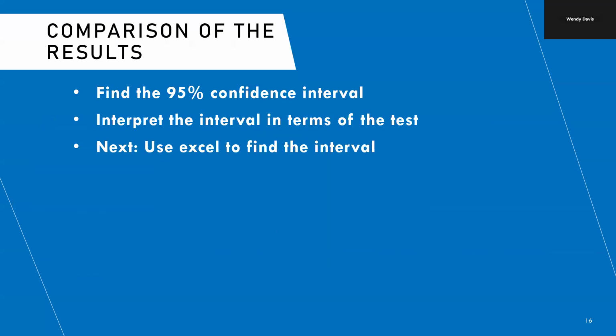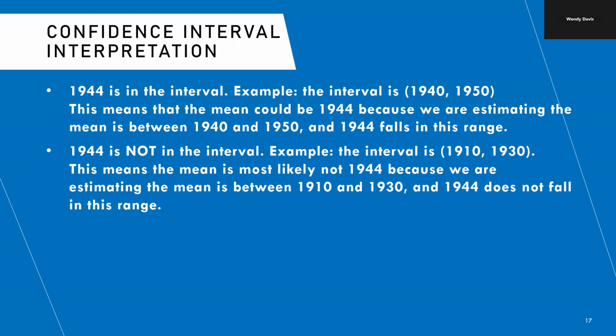Okay? Find your confidence interval. Interpret it in terms of the test. So we already did the Excel. Now, how do we interpret the interval? Let's say we get an interval between 1940 and 1950. I know those look like years, but remember, we're talking about square feet.